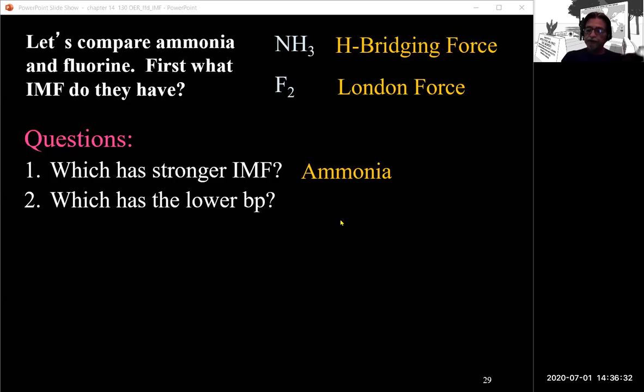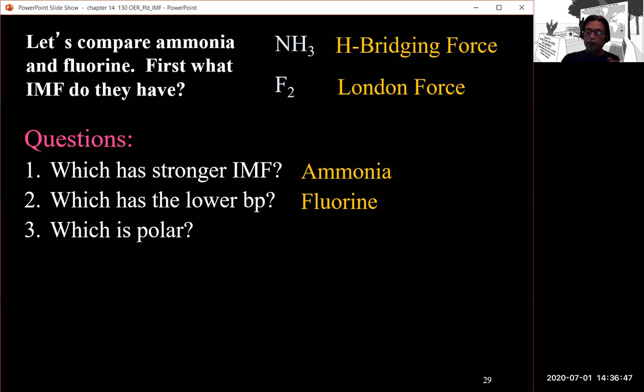So London forces are not as strong as hydrogen bridging. Therefore, fluorine would have the lower boiling point. Which one is polar? Well, we answered that earlier. Ammonia, I should say, is polar.